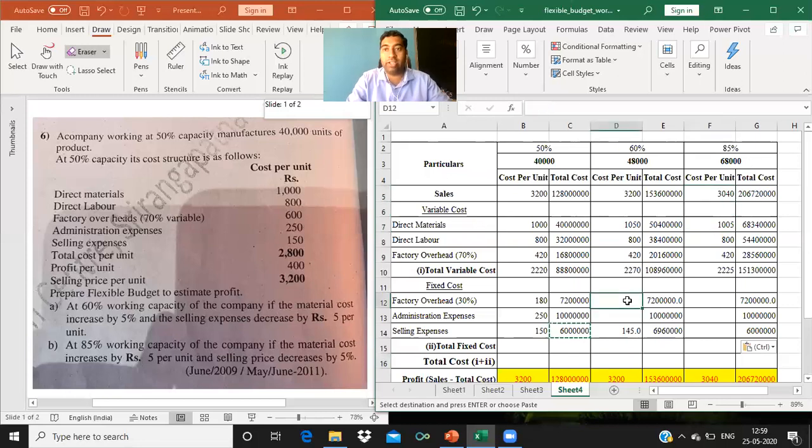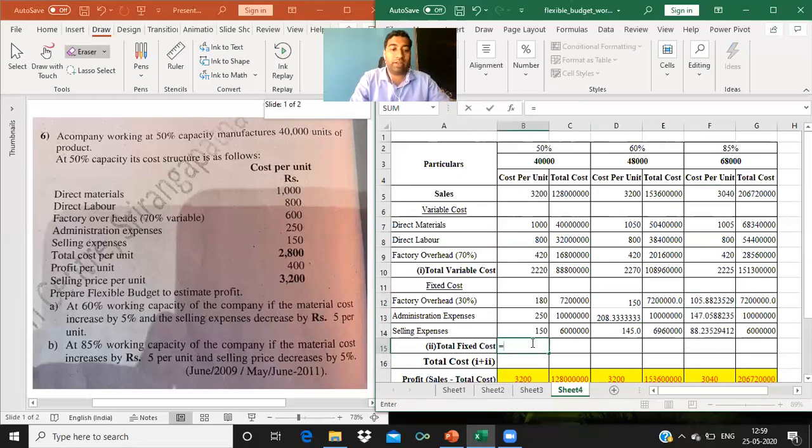So now we need to calculate the cost per unit. So this is divided by 48,000 units. Similarly, the next one also. Coming to the 85% level of activity divided by 68,000, and remaining values are also divided by 68,000.